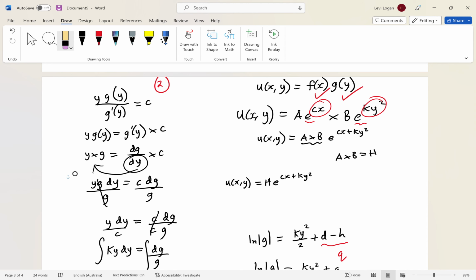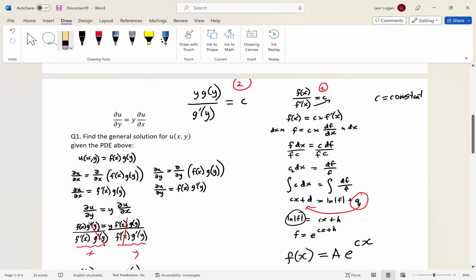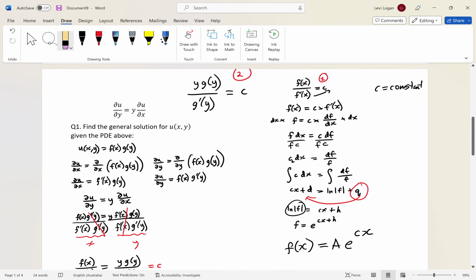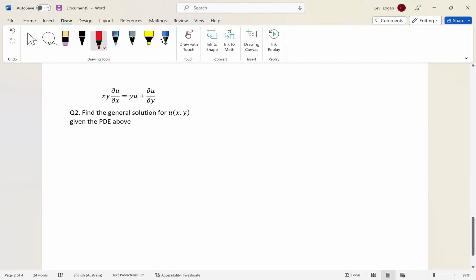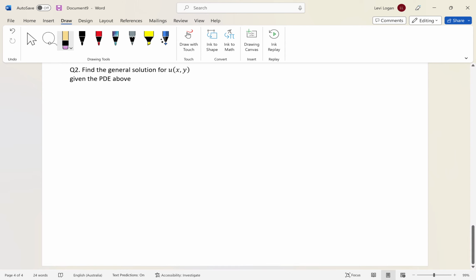Alright, so that was a pretty standard separation of variables, using ODEs to solve a PDE, which is a partial differential equation. Let's move on to the next example. This is the one we will be trying to solve next. This one's a bit harder than the first one.